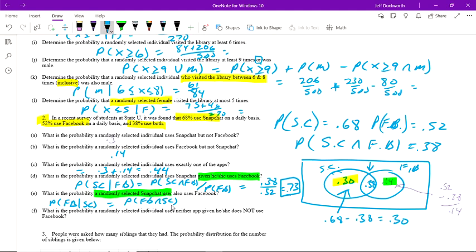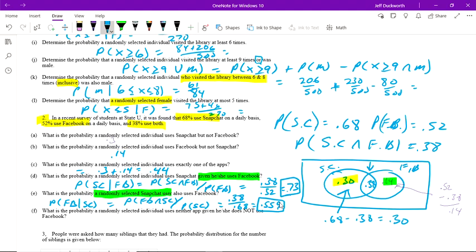You can write the intersection, Facebook intersect SC, it's the same as SC intersect Facebook. And that's over probability of Snapchat this time. So that same 0.38 over Snapchat, 0.68. And that comes out to 0.559.